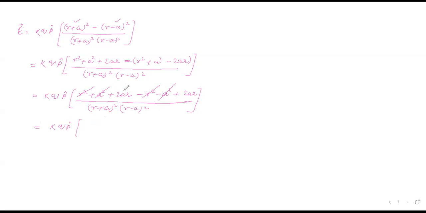Look at here, 2ar and 2ar will be 4ar. Do you understand it or not? All of you are understanding or not? Yes, sir. Okay. And (r plus a) square into (r minus a) square will be (r square minus a square) whole square. Okay.